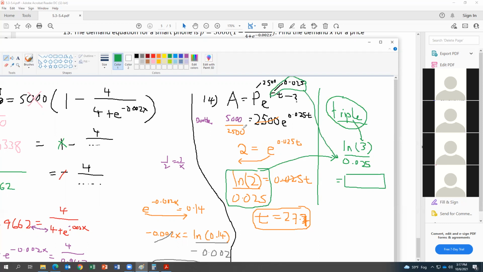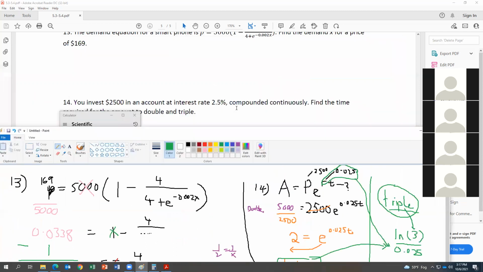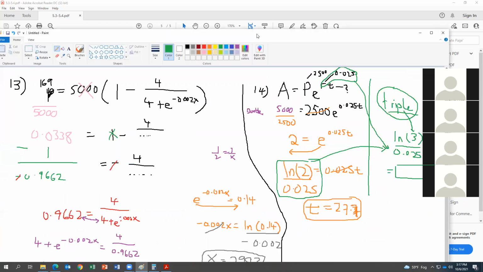You do not need to show me all this work because it's a shortcut, and this always works. If I want it to be quadruple, quadruple means 4 times. You do ln4 over the rate, and you get your answer. And this only works if the question is asking for compounded continuously. If it's compounded monthly or quarterly or the rest that we talked about, you cannot use this shortcut.